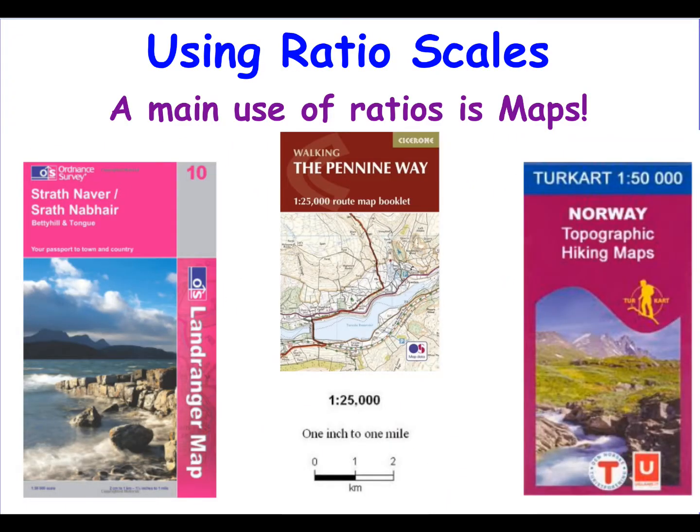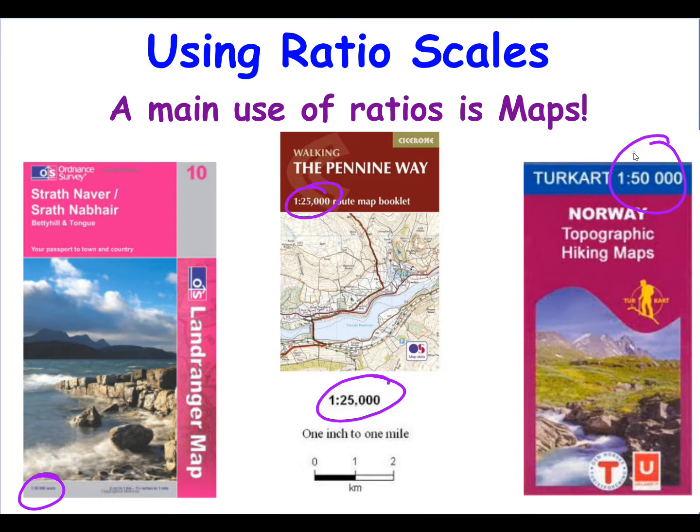Another place you come across unitary method in practical situations is maps and map reading and scale drawings. Now we'll come on to this later in the course. So for now, all you need to realize is that when you see a ratio on a map that's 1 in 25,000, or that 2 centimeters is 1 kilometer, depending on what the scale is, or 1 in 50,000, these are merely strap lines for your ratio.